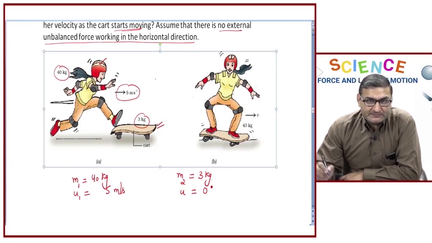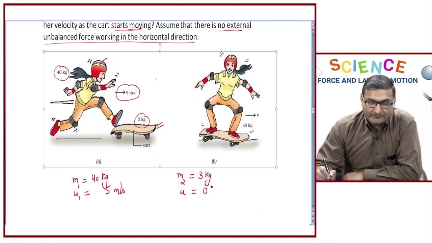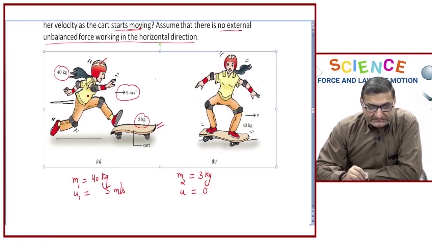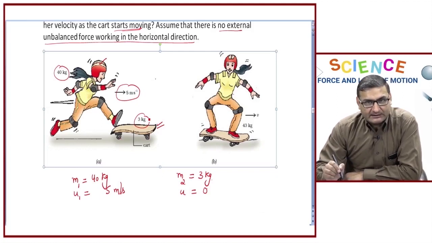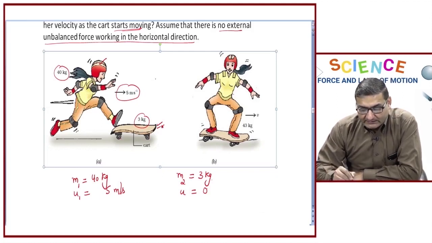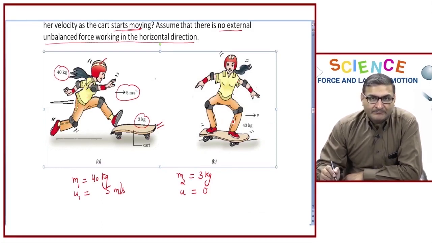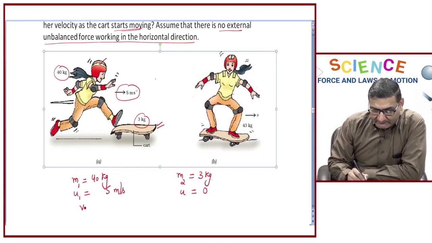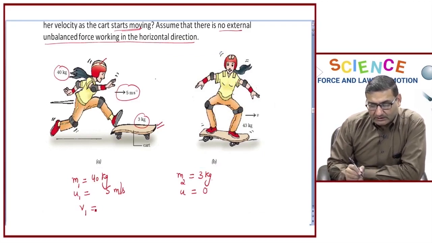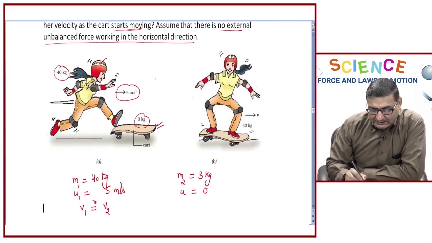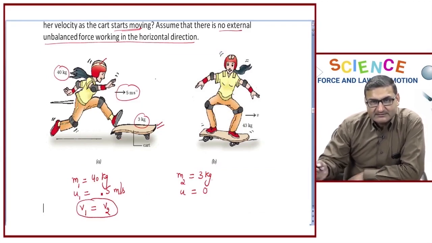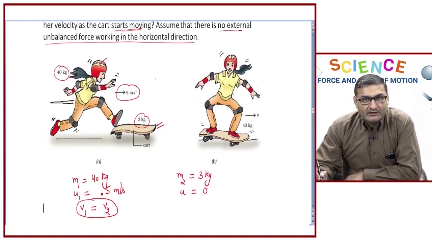Right? Now in this particular question, we need to relate a very important thing. What? That when this girl jumps onto the cart, then when the cart starts sliding or moving, the girl is still on this cart. That means the final velocity of the girl and the final velocity of the cart will be the same, right?